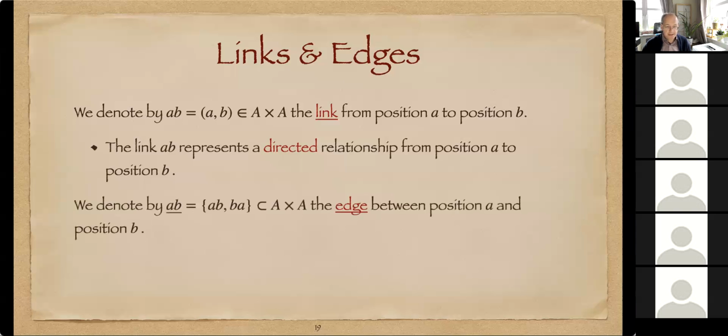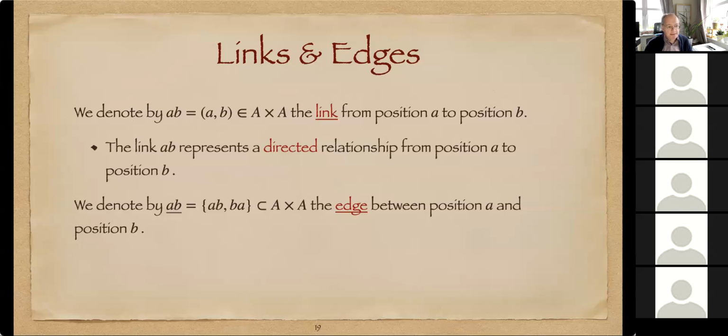Now, an edge, that is the word that I use for an undirected relationship. An undirected relationship is that there is no precedence. A does not precede B and B does not precede A. A and B are equal. Now, how do we describe that?